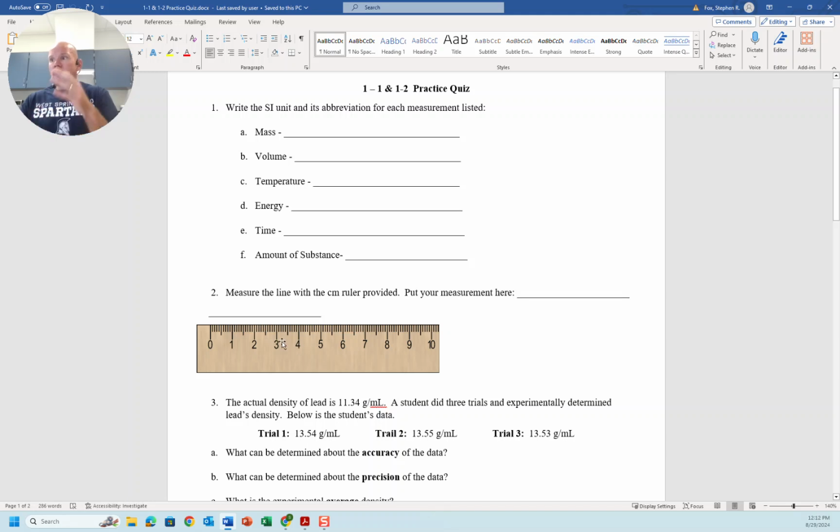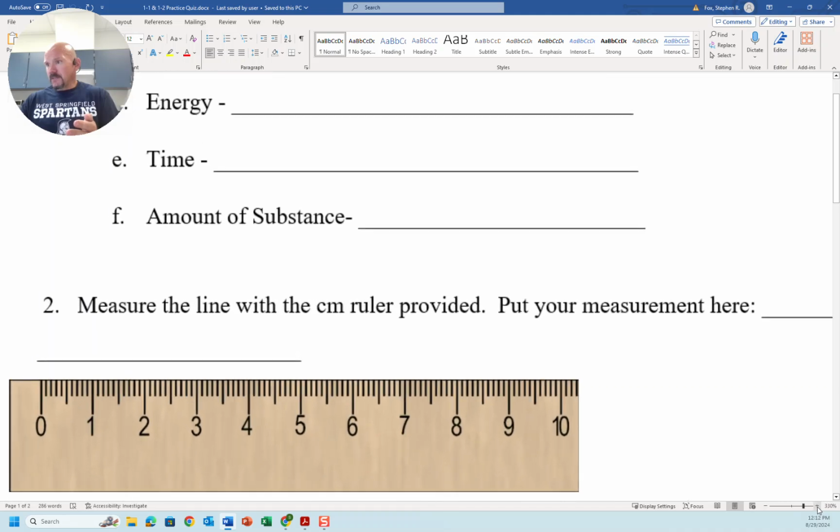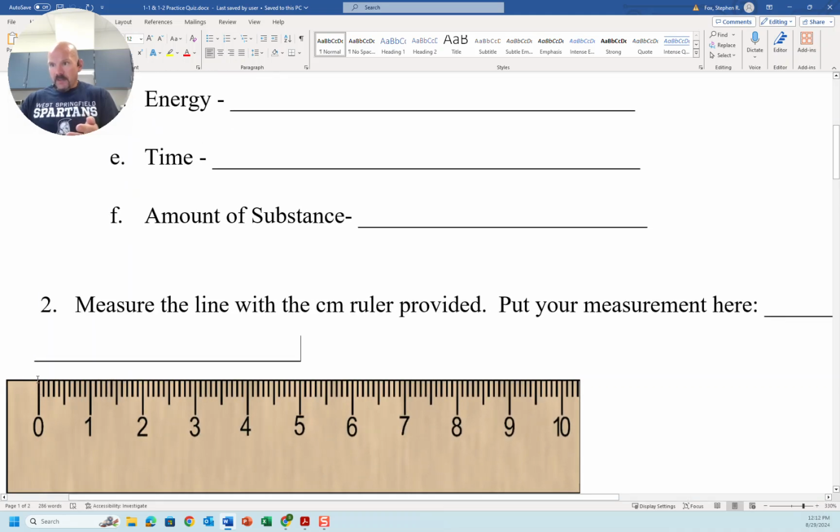That's not the focus. The focus is, as you go from one tick mark to the next, what is that an increase of? Let me zoom in so we can see it. As I go from this tick mark to that tick mark, what would that represent?